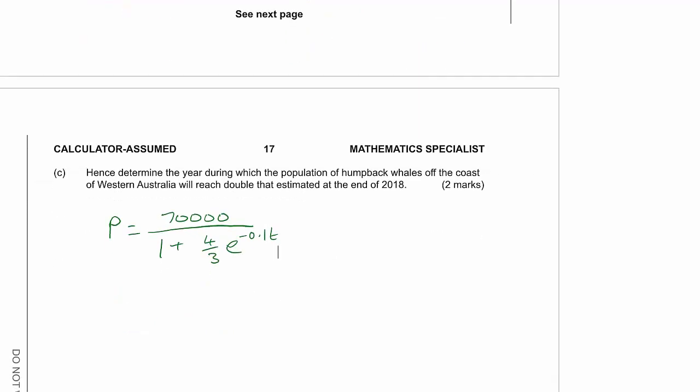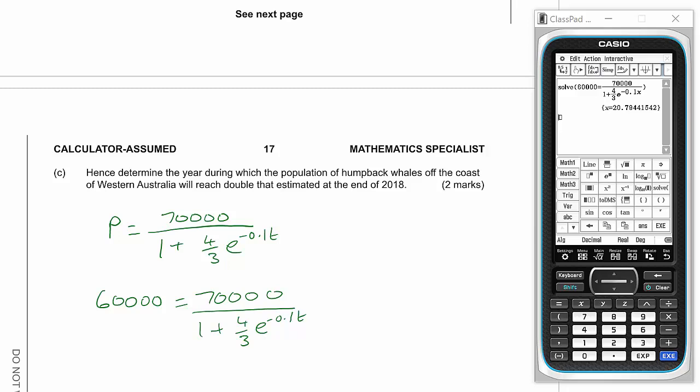And the estimate at the end of 2018 was 30,000, so we're wanting when P is 60,000. So we've got 60,000 equals 70,000 over 1 plus 4/3 e to the negative 0.1t. And to solve that, we're just going to use the CAS. So solving that gives us that t is equal to 20.79, so sometime between 20 and 21 years. So it's going to be during the year 2039.